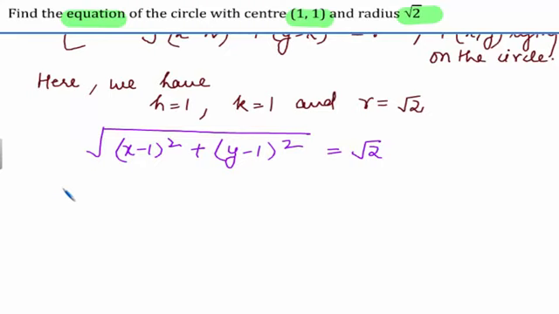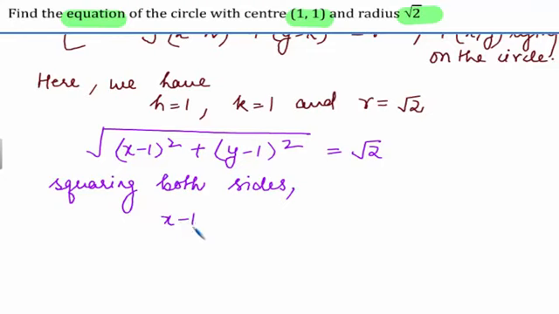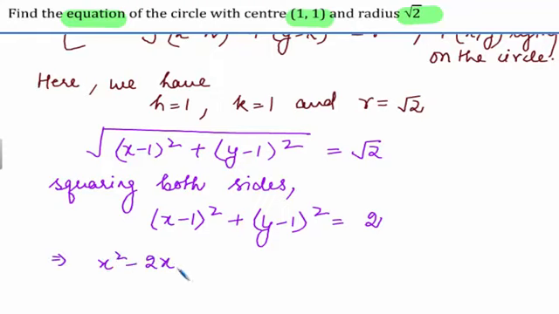Now, to get rid of the square root sign, we will square both the sides. We have (x minus 1) whole square plus (y minus 1) whole square is equal to 2. Now opening the brackets, this further implies that x square minus 2x plus 1 plus y square minus 2y plus 1 is equal to 2.